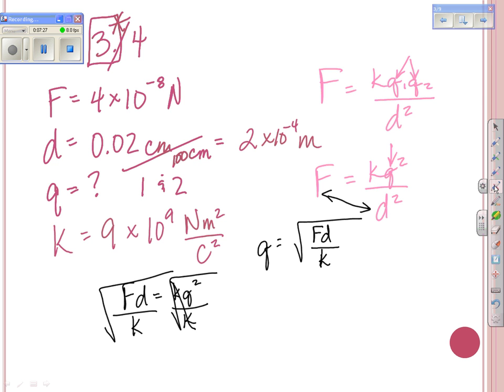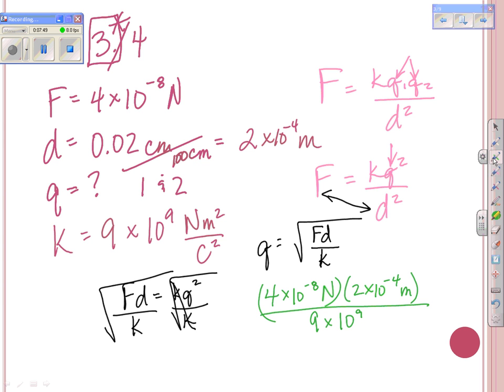Now remember, you can plug in numbers first and do that if you would like. But when we plug in our numbers now, I'll just have to do 4 times 10 to the negative 8th newtons multiplied by my distance, which is 2 times 10 to the negative 4th meters, divided by my 9 times 10 to the ninth Newton meters squared over coulombs squared.